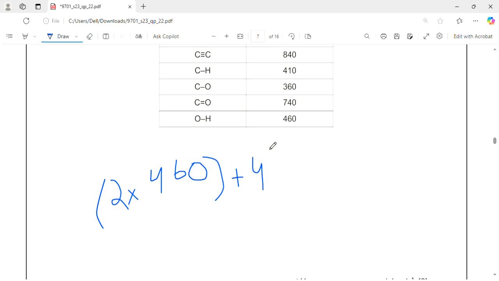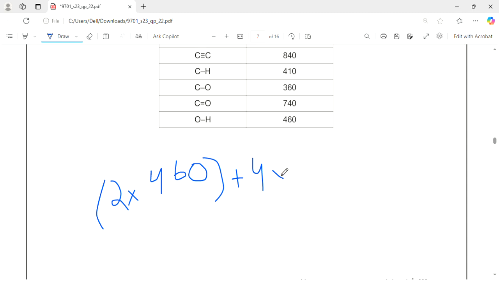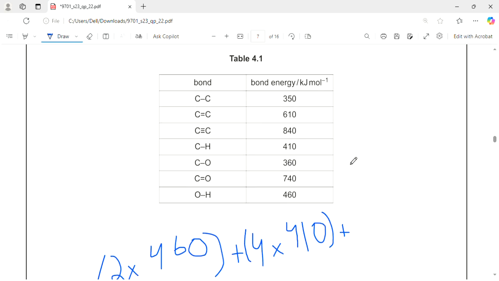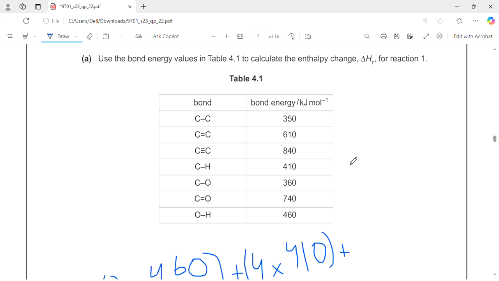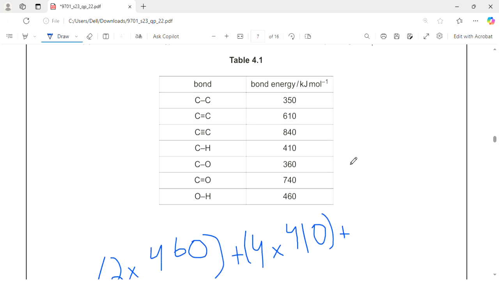So the CH bond is 410, so 4 multiplied by 410, and plus one carbon-carbon double bond. The carbon-carbon double bond is 610, okay, plus 610.